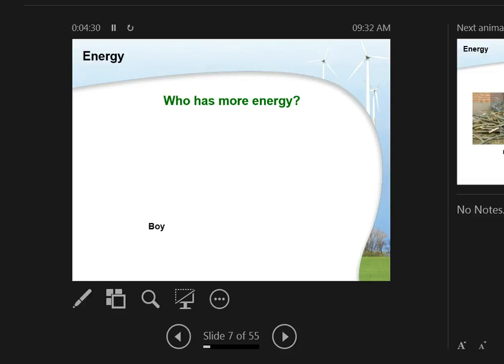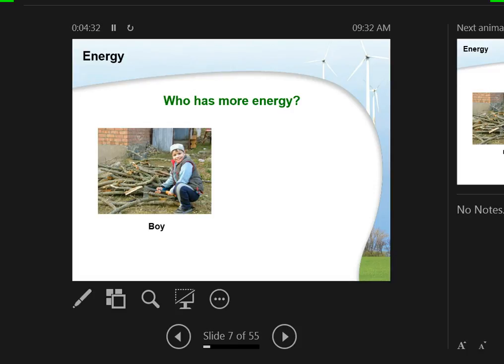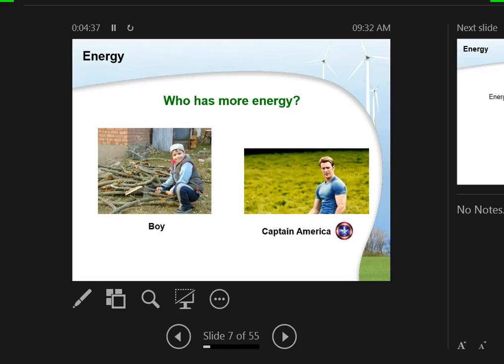Let's look at this. Do you think the boy who is chopping this wood has more energy, or the other?